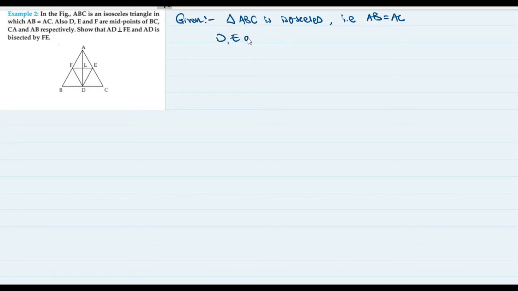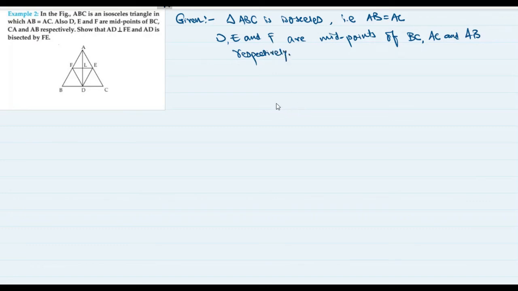D, E and F are midpoints of BC, AC and AB respectively.